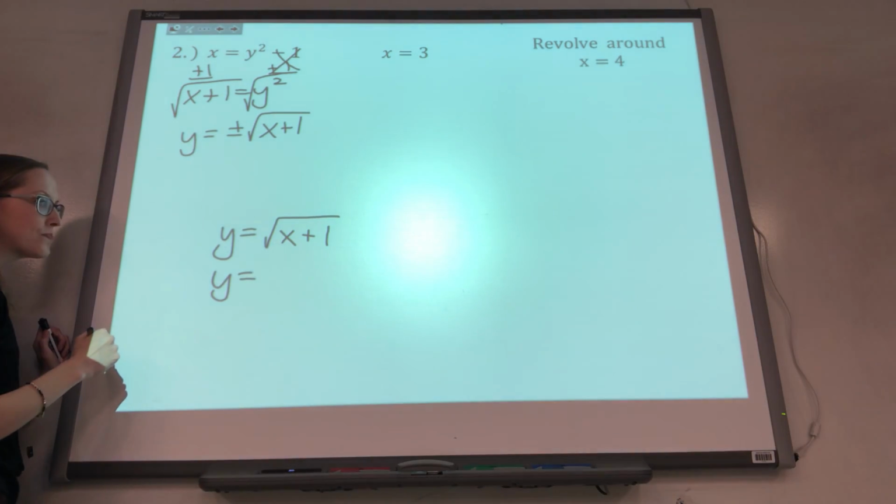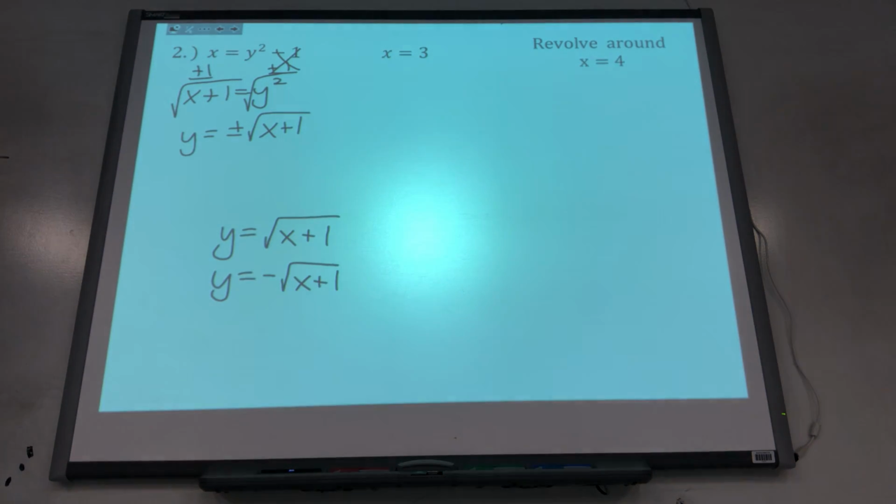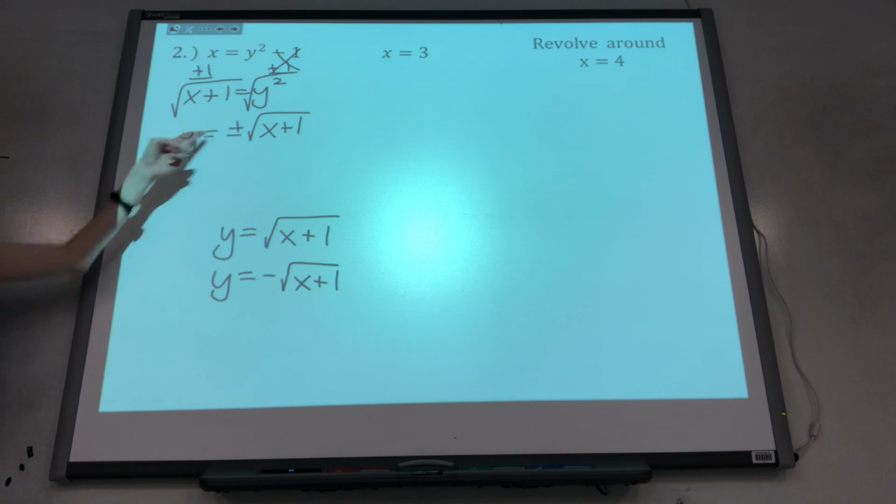The other, just type in negative square root of x plus 1. Once those two are on the same coordinate plane, that is this function. You may just have to type it in a couple times.